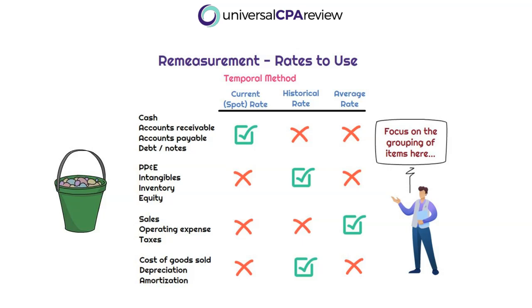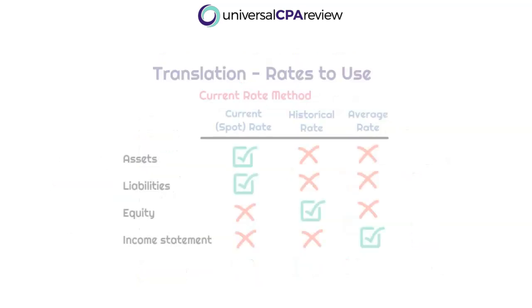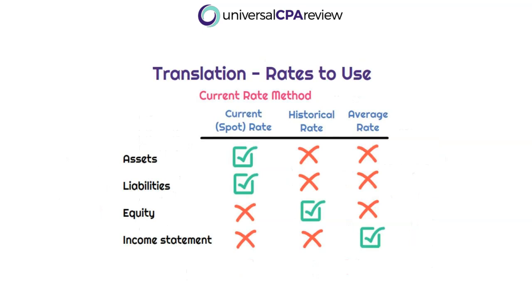I wouldn't say memorize it, but think about the buckets here and try to understand conceptually why we would use different rates. And then for translation, which is also known as the current rate method, this is a little more straightforward in the sense that all assets and liabilities we would convert using the current or spot rate.